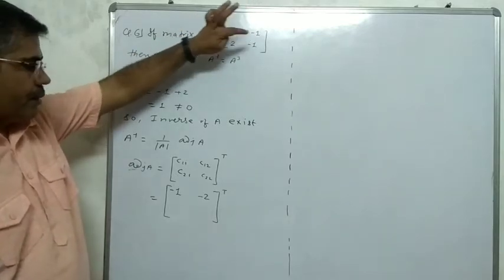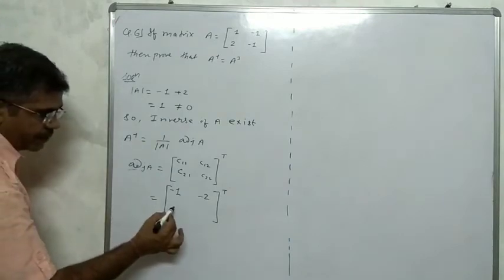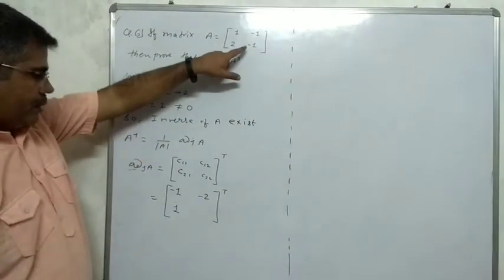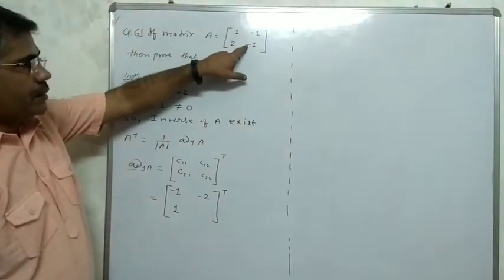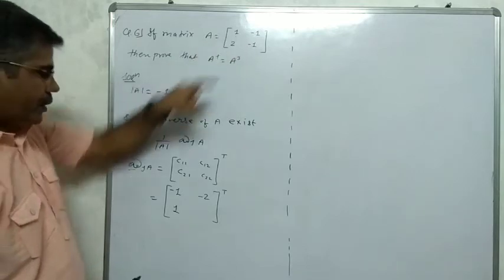We have minus 1, but it is negative, minus minus plus, 1. Again, this column and this row delete. We have 1.